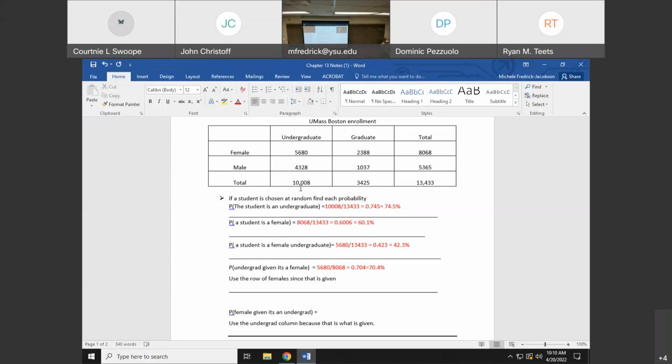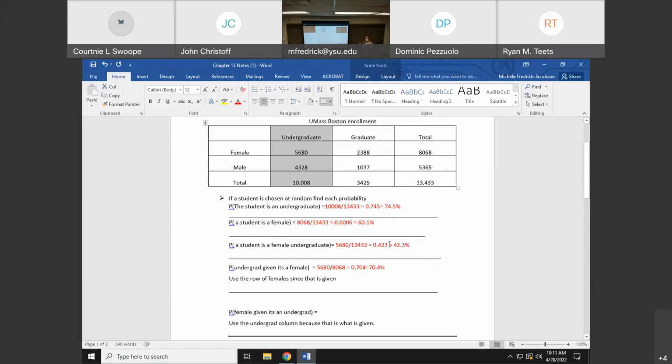Any questions on that? So this one that we just did, the probability it's an undergraduate given it's a female, will that be the same as the probability it's a female given it's an undergraduate? No, because they're not the same amount. Because if we know it's an undergraduate, then you only want to use that column.